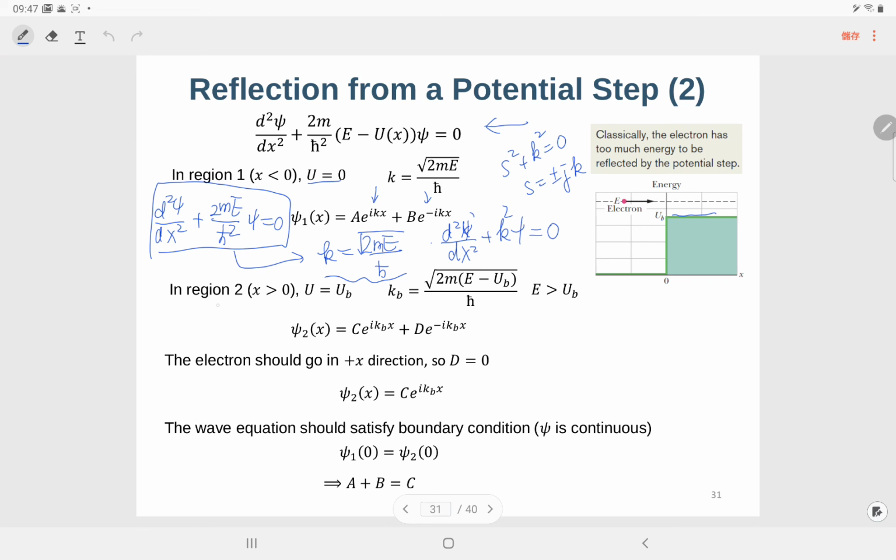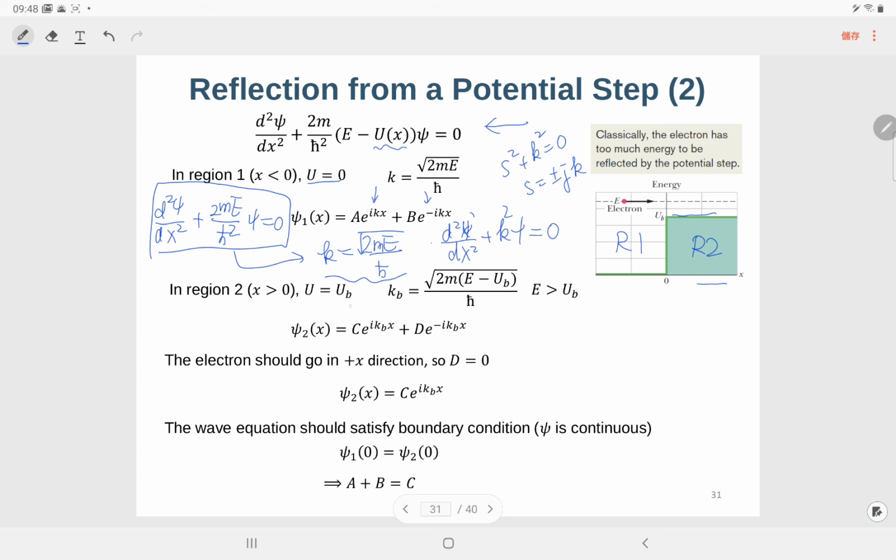And here, this is region 2, and this is region 1. So for the right hand side part, U is UB rather than 0.